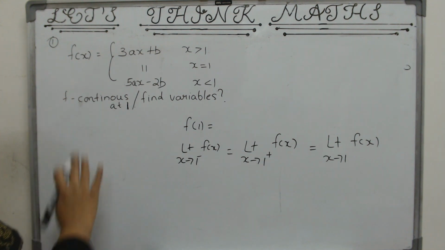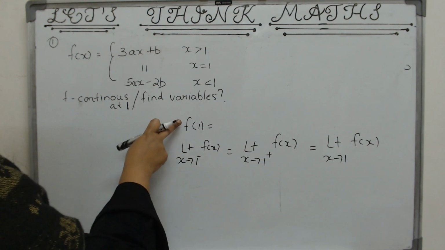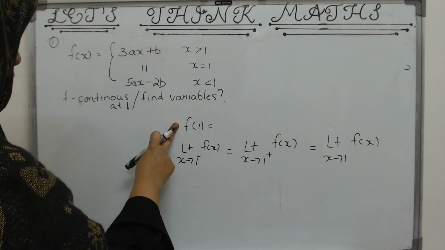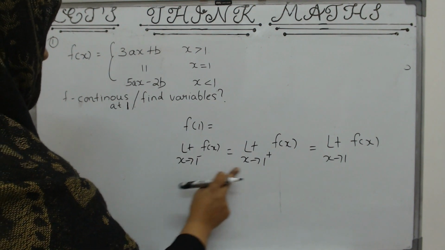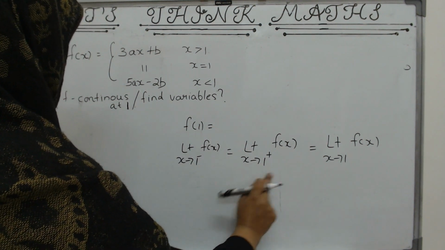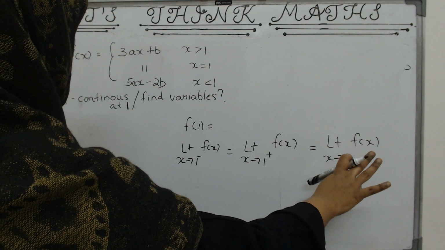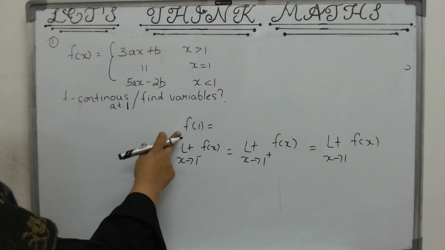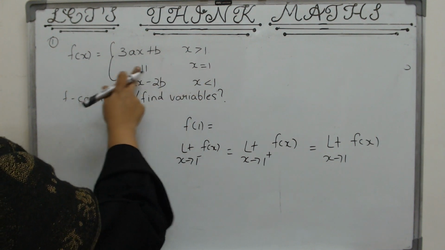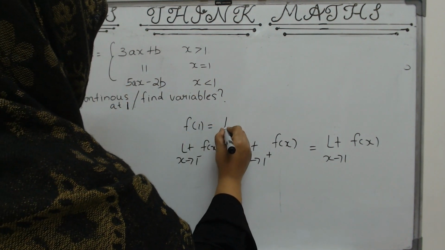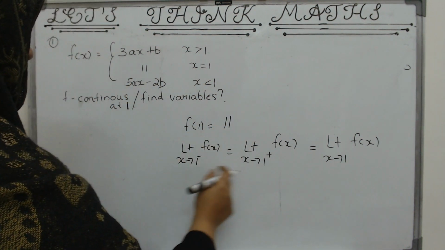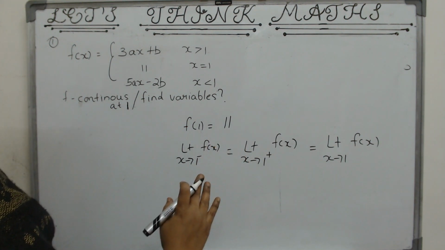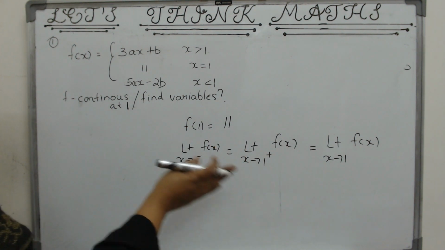If f is continuous at 1, what will you have? This will be real and it will be finite. The left hand limit will be equal to the right hand limit, and then we say that the limit exists at f. So we have to find all the three. What is f of 1? At x is equal to 1, the value is already given, it is 11. So these two must also be equal to 11, or in other words, we will equate it to 11.